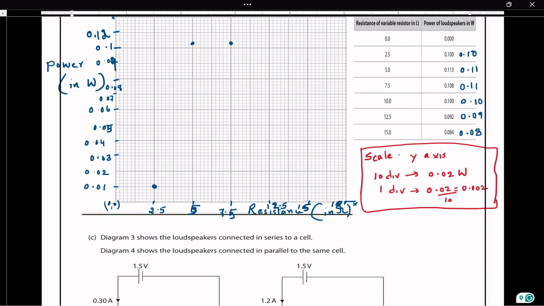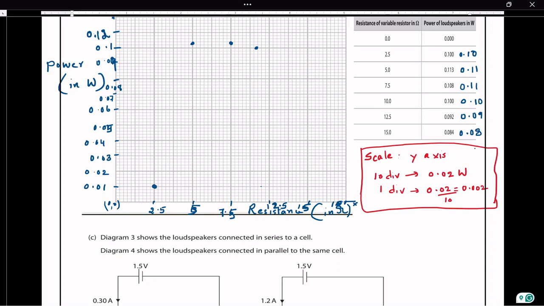Then 10 and 0.1. So where does 10 come? Somewhere here. It is 0.1. Then 12.5 and 0.09.